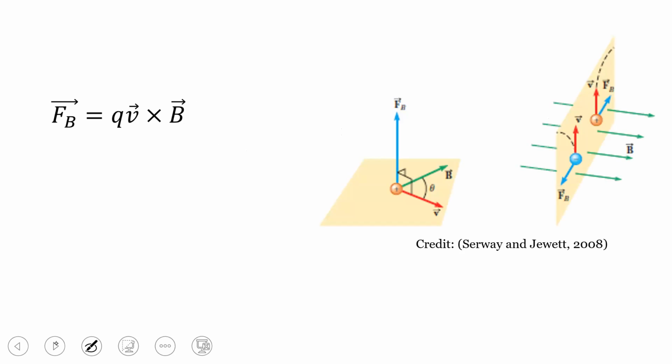So the cross here is not the normal multiplication, for those of us in agric and biology. This is cross product. It's not the normal multiplication. When we say QV cross B, it is not the same as B cross QV. It will be minus because this is vector multiplication.